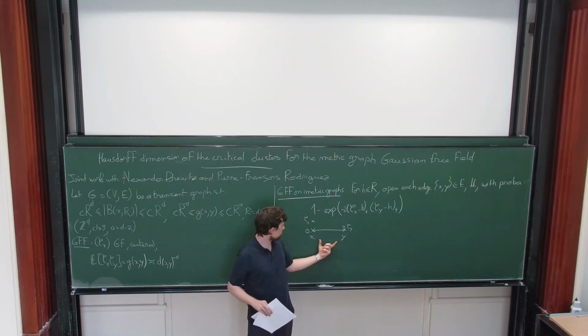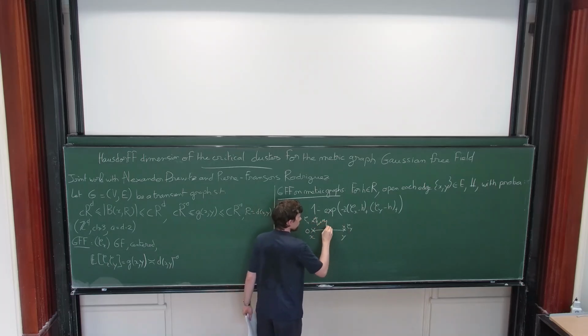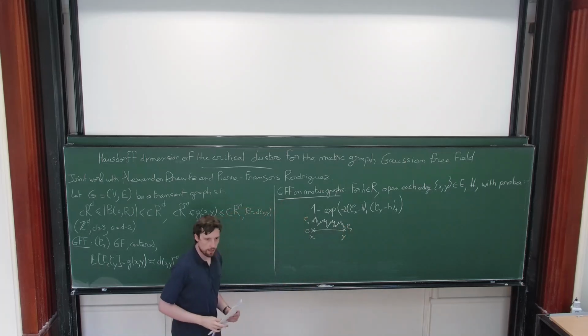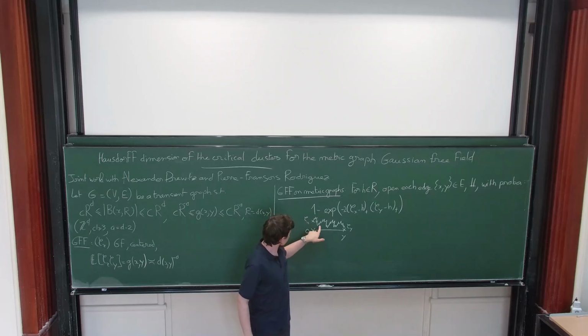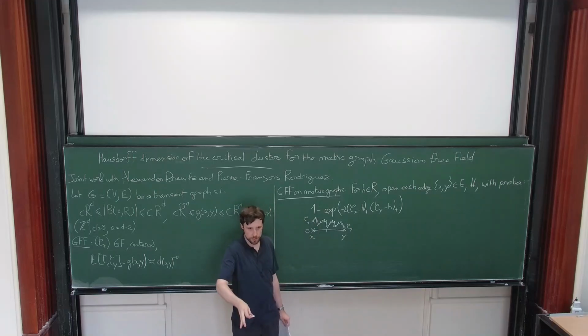And on this continuous interval, you add a Brownian bridge between these two values. So this Brownian bridge means that now for each point inside my edge, I have a value for my GFF, which has been extended by this independent Brownian bridge configuration on each edge.